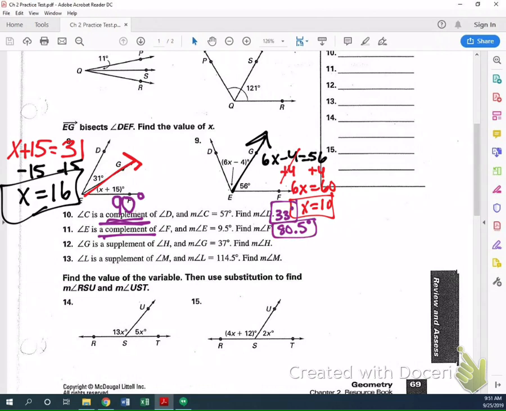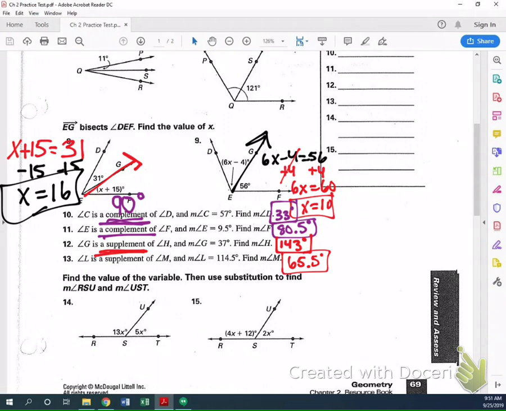Good. The next one, now it says supplement. Supplement is what? 180. So what's 180 minus 37? 143. Good. And supplements again. So 180 minus 114.5. 65.5 degrees. Good.